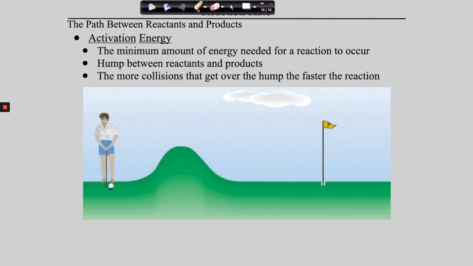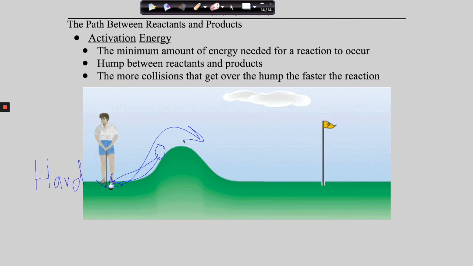Well, guys, obviously, one of the things that we can do to get more balls over the hump is we can make sure that fewer balls get stuck right there and roll back down. So what do we need to do? Well, what we need to do is we need these things to collide harder.